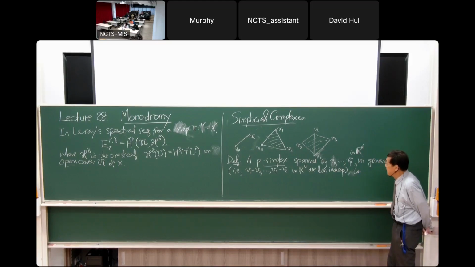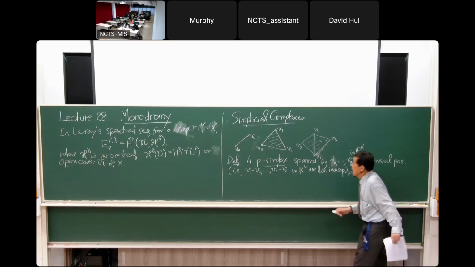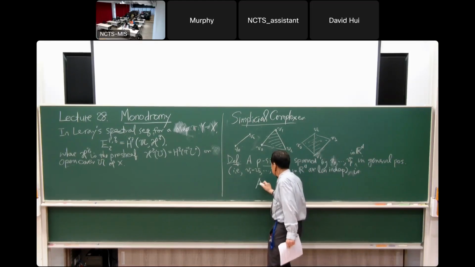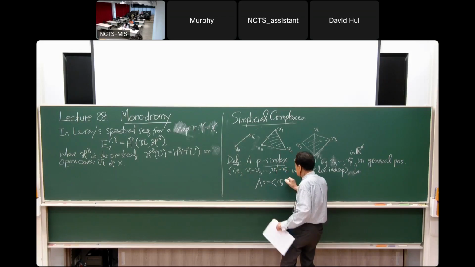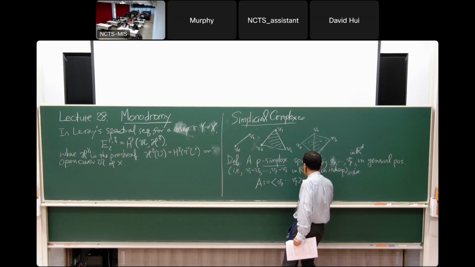And then the p simplex, we denote by A, is the simplex spanned by v0 to vp.